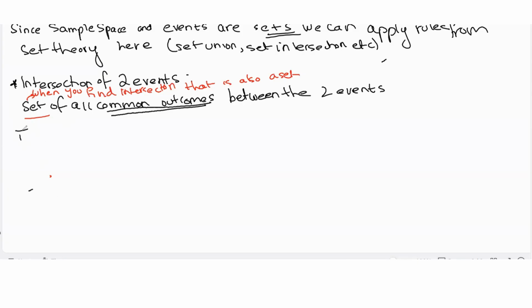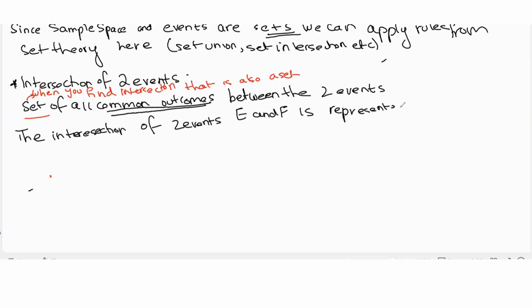The intersection of two events, say E and F, can be represented in two ways.